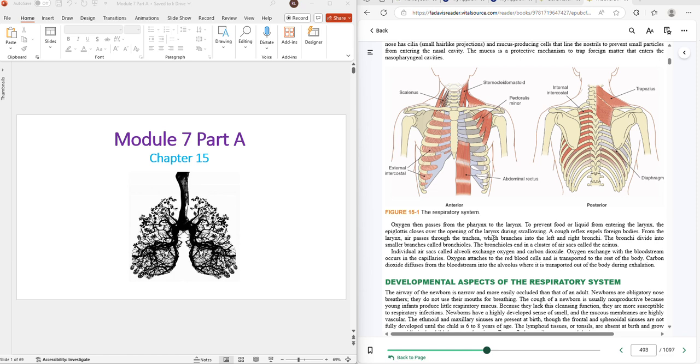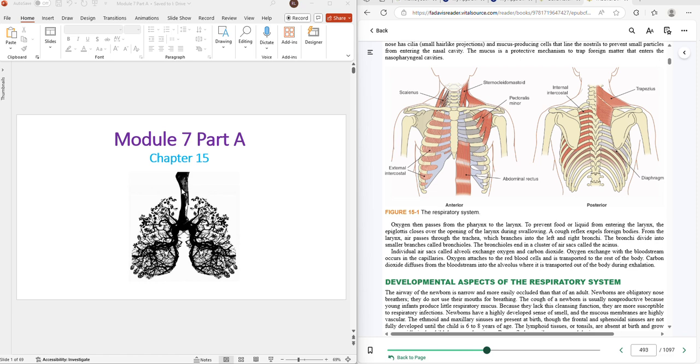So oxygen passes through the pharynx to the larynx. It's not larynx, it's larynx. That's a pet peeve of mine, larynx, not larynx. Okay, and then of course the air passes through the trachea, down the left and right bronchi, and then it divides into the bronchioles, and then into the air sacs, the alveoli.